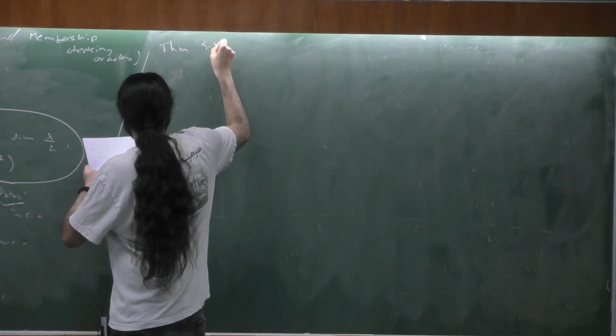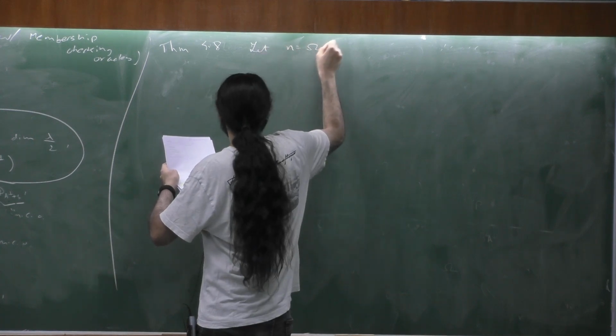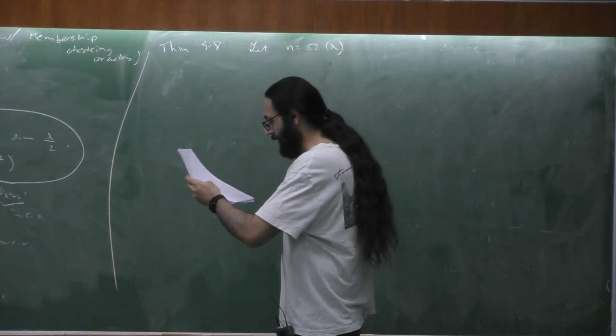So here's the theorem, 4.8. What does the theorem say? The theorem says: let n be at least omega of lambda.